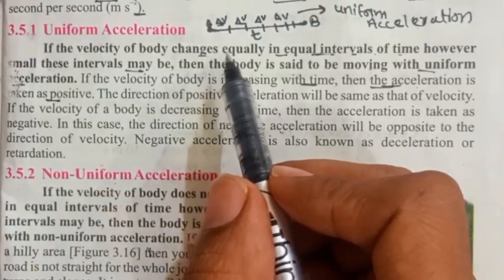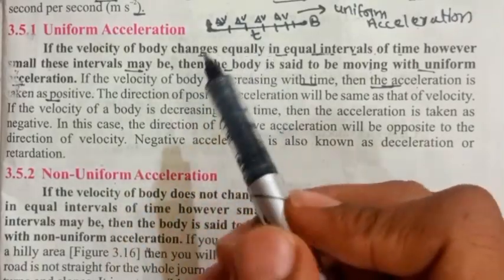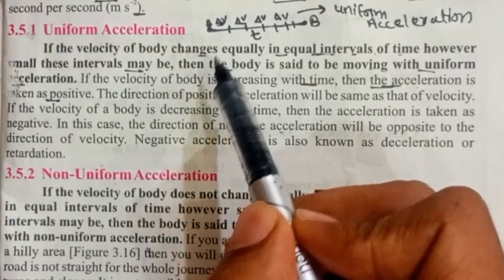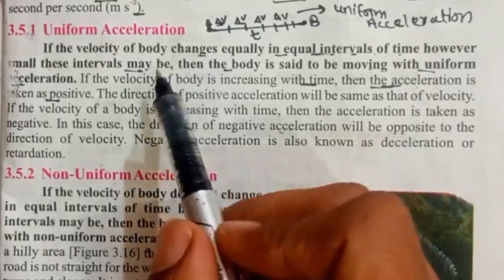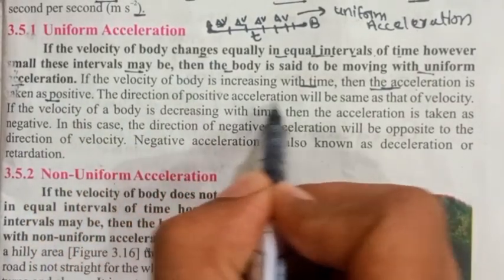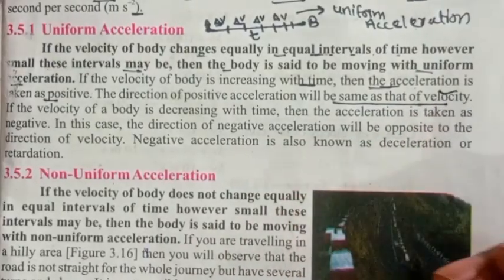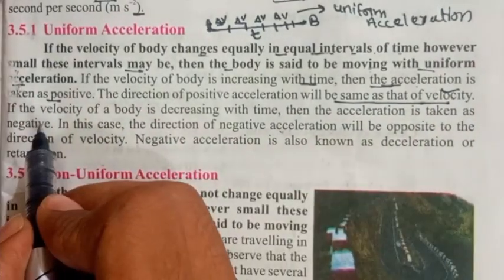As I gave you the example of the car, by pressing the accelerator it increases the velocity with the passage of time, so it is taken as positive acceleration. The direction of positive acceleration will be the same as that of velocity because the velocity is increasing.